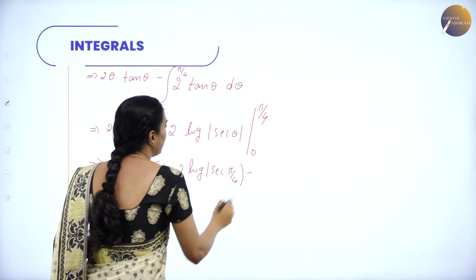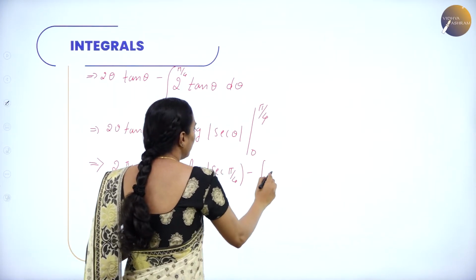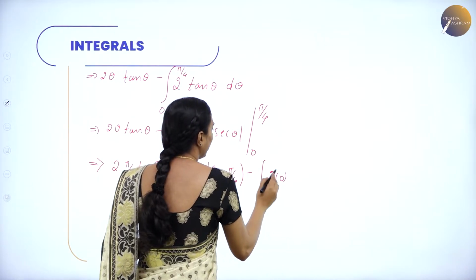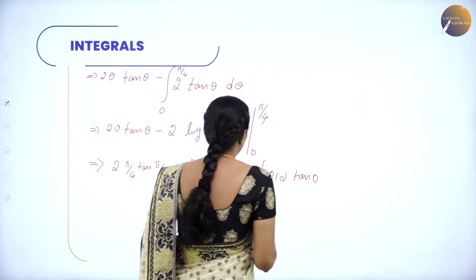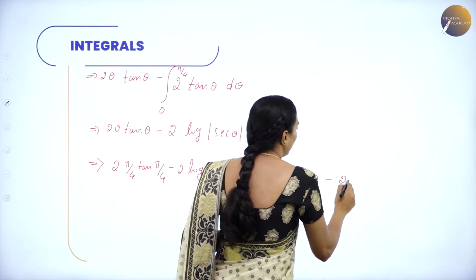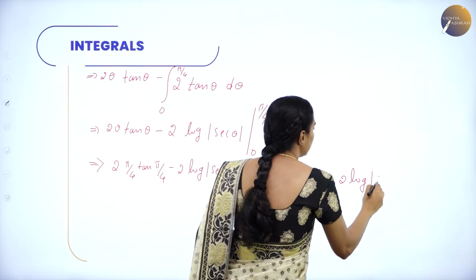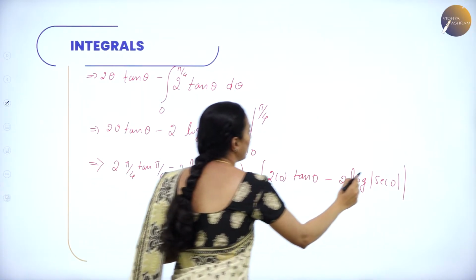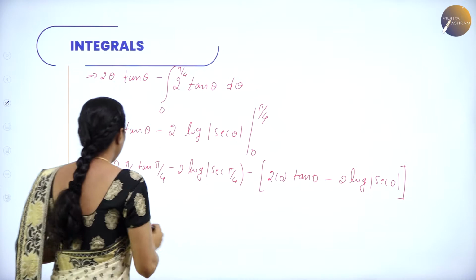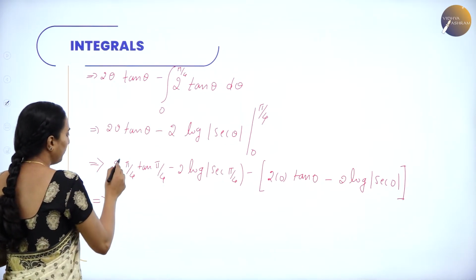This is the upper limit minus, open the bracket, 2 into 0, into tan 0 minus 2 log secant 0, right?